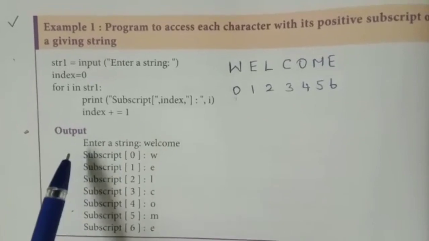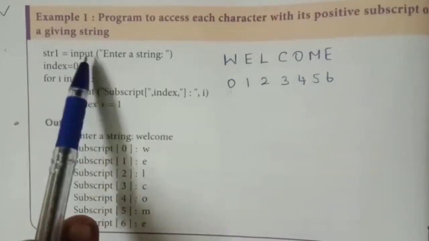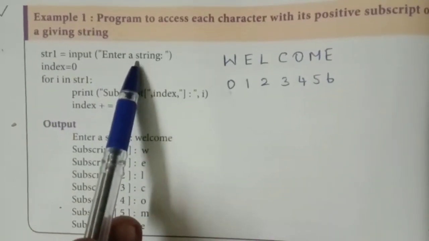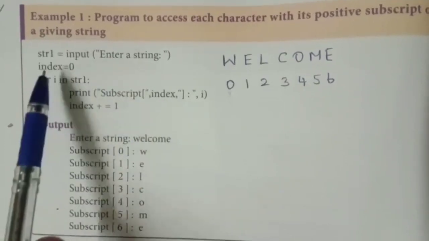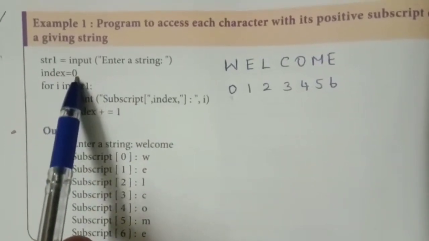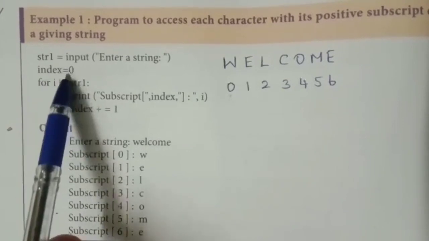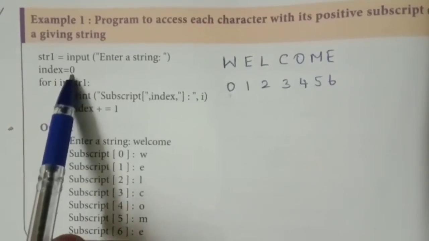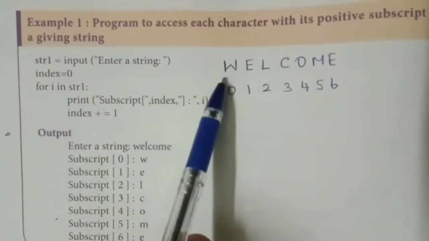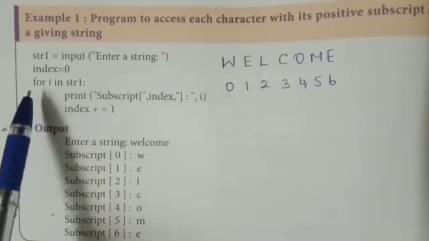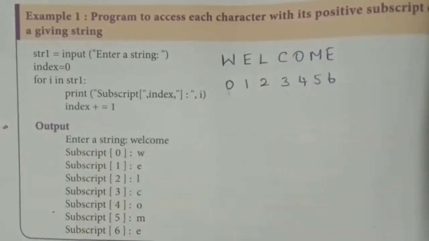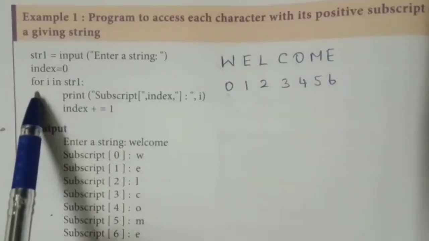Now look at this example. str1, you are entering a string. At the execution time, index is equal to 0. Always the subscript index value starts with 0. That is only given here. Now you are going to check each and every character. We are going to repeat something again and again, so we have to use a for loop.